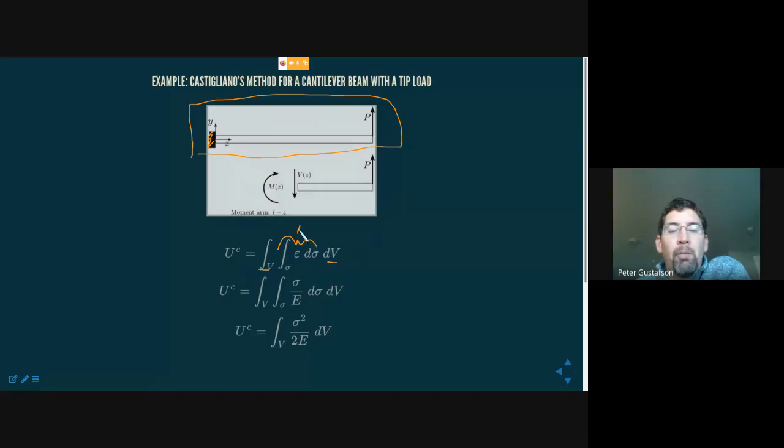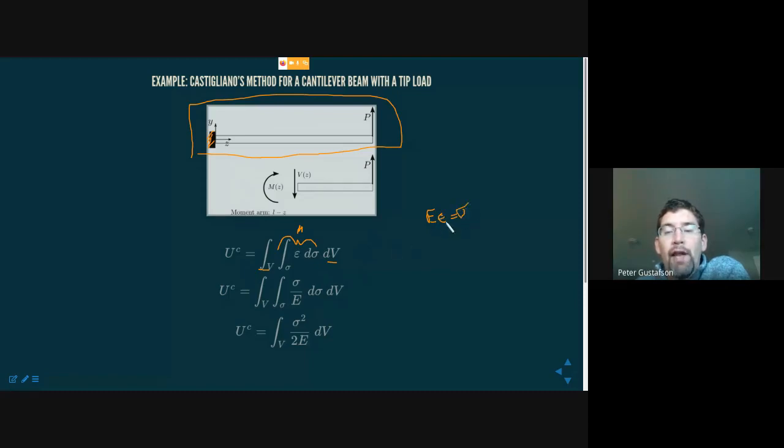So this is a pointwise quantity and then integrated over the volume. Now, what is complementary energy? Well, for a linear elastic material, it's easy enough. The relationship is just a linear relationship, and it comes from E epsilon equals sigma.